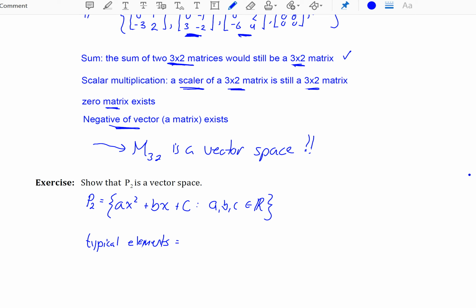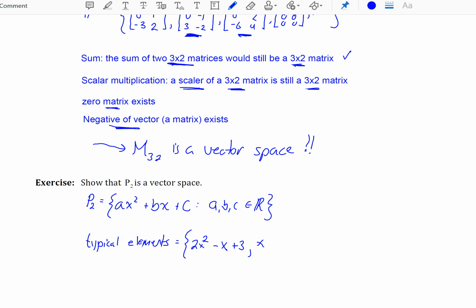Typical elements of P2 could look like 2x squared minus x plus 3. That's a P2 element. Remember, it could be degree 2 or less.